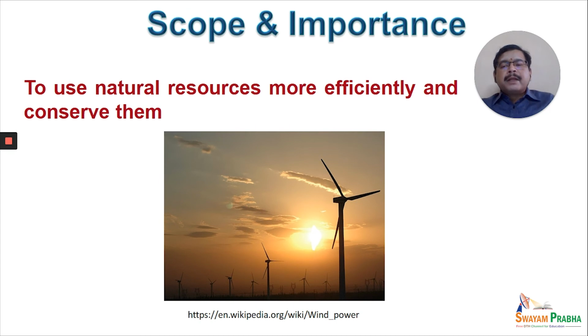The next component is how to conserve these natural resources. If you want to conserve natural resources, for example, water is a natural resource. We can construct a dam across the river and store this water. During monsoon or post monsoon, the river gets to its full capacity and the excess amount of water gets drained into the ocean.